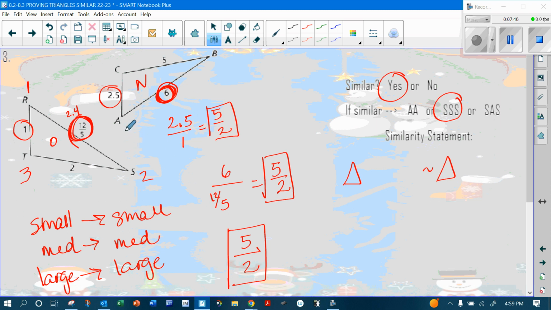So starting here, I'm going to go A along the big side to the big angle. So triangle RST is similar to ABC. So you have to stay consistent. Okay, you have to stay consistent.